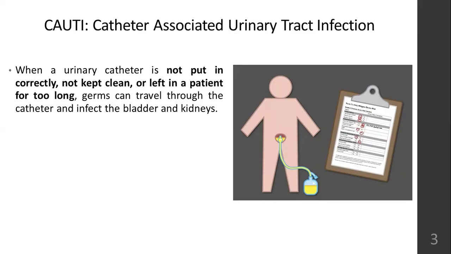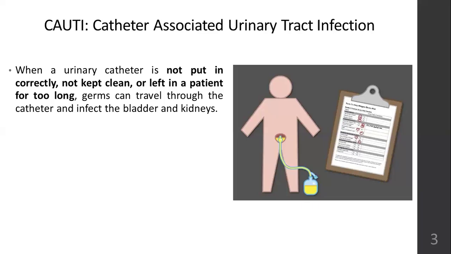It happens when a urinary catheter is not inserted correctly, or aseptic technique was not used while inserting the catheter, or the catheter was not kept hygienic and clean, catheter care was not given, or it was left in the patient for way too long.